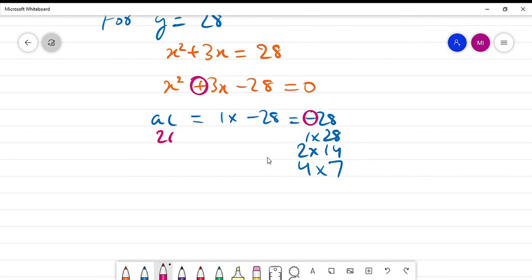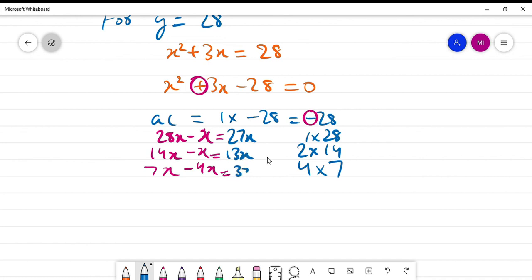So 28x minus x, 14x minus x, or 7x minus 4x. So 27x, 13x, and 3x. So x squared plus 7x minus 4x minus 28 is equal to 0. And let's just cross these out.